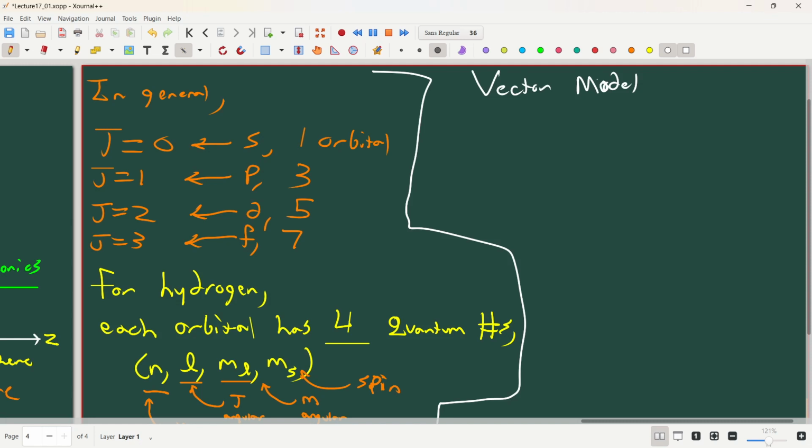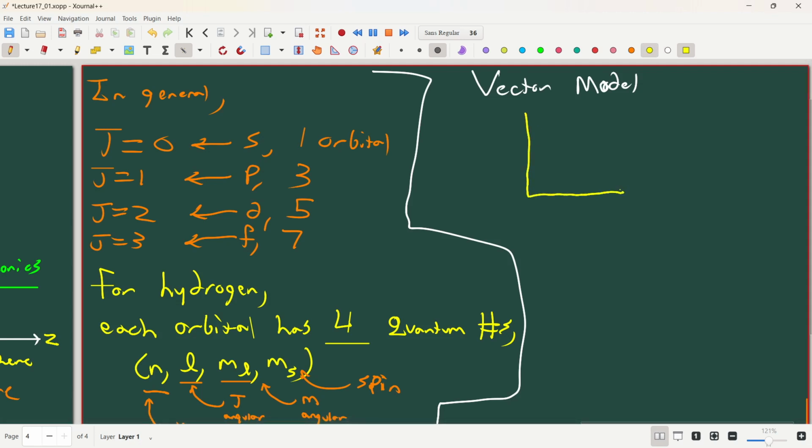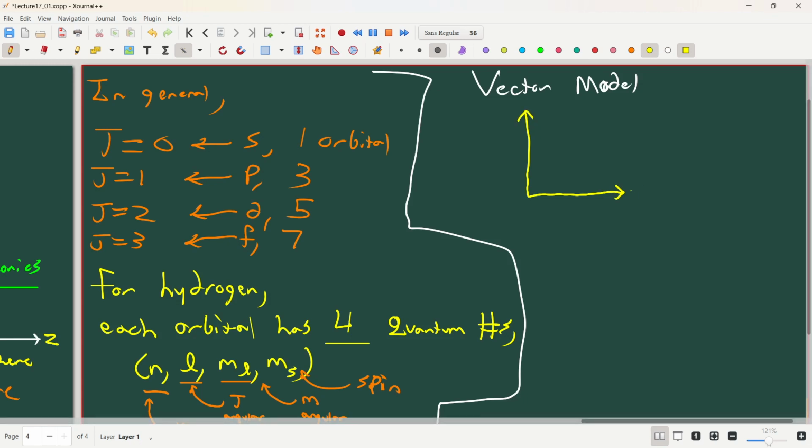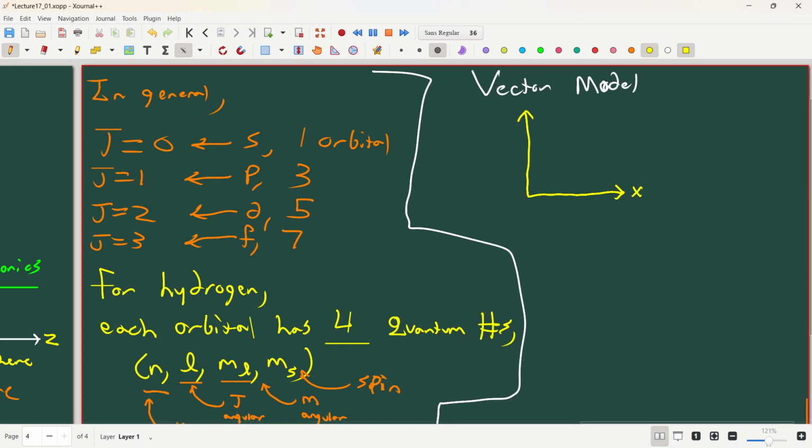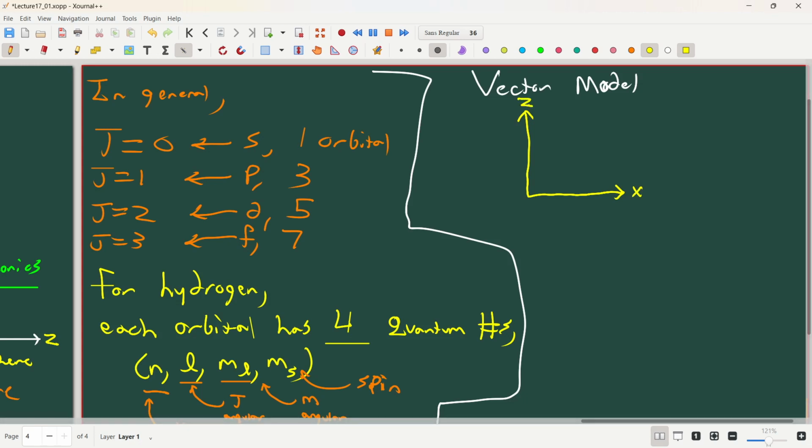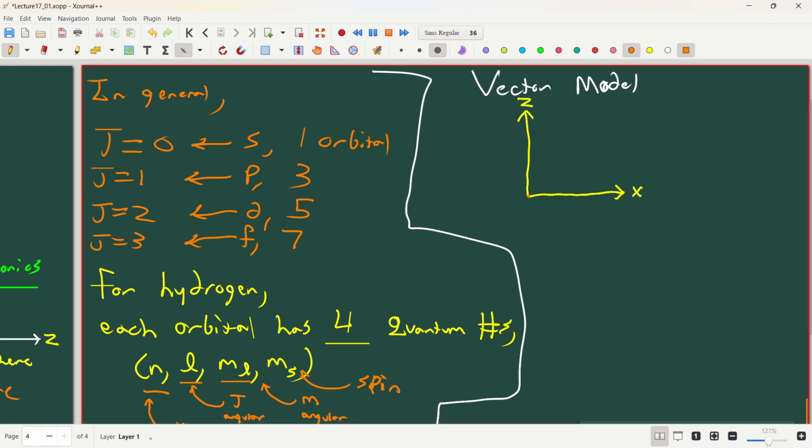So what I'm going to do is create a little coordinate system. It doesn't really matter what the axis is. We'll just say this is X and this is Z. We're going to shift our coordinate system so that our momentum vectors, our position vectors and so on all originate from the origin.